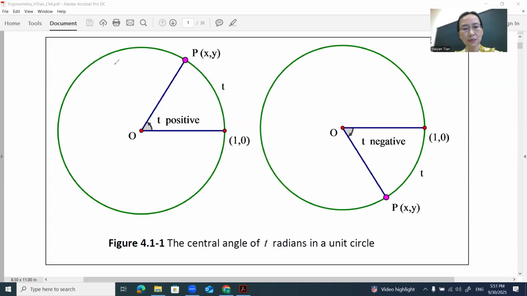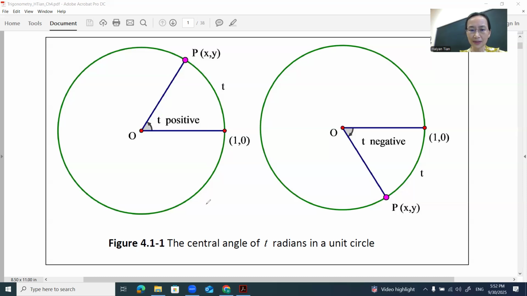So simply speaking, if we have a unit circle, which means the circle has a radius 1, then radius times the measure of the angle equals the arc length. So the intercepted arc length has the same value as the central angle.